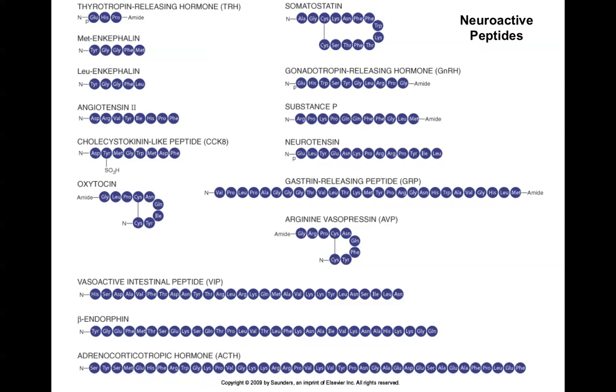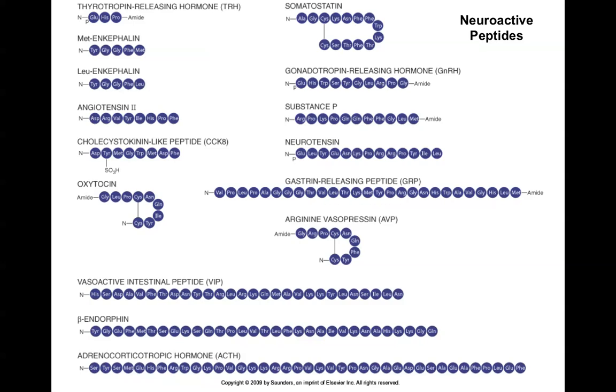For example, a neuroactive peptide, when released with a neurotransmitter, can cause in the postsynaptic cell an increase or a decrease in the production of the receptor for the neurotransmitter.